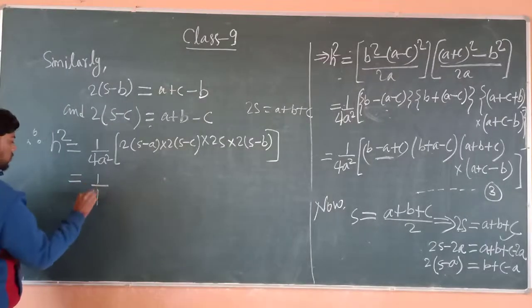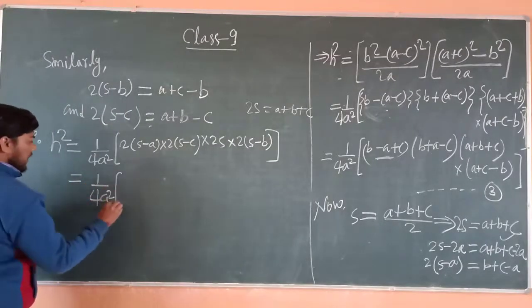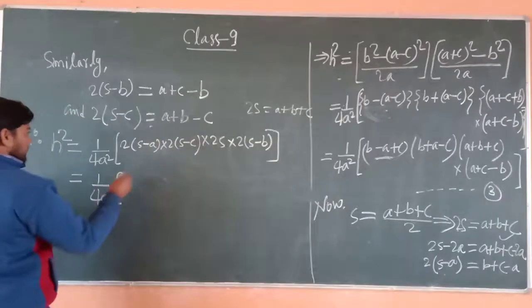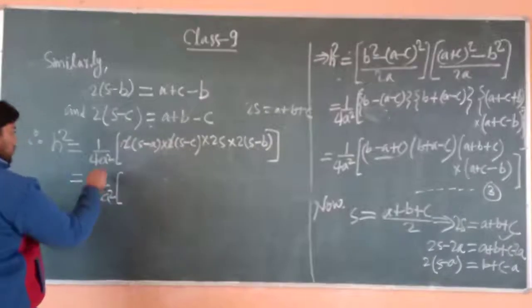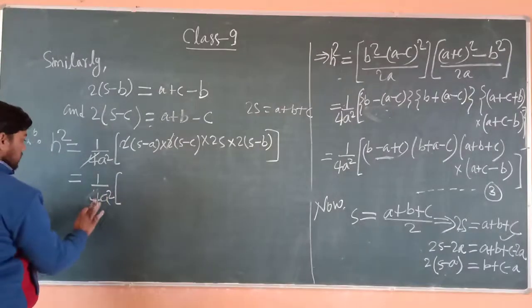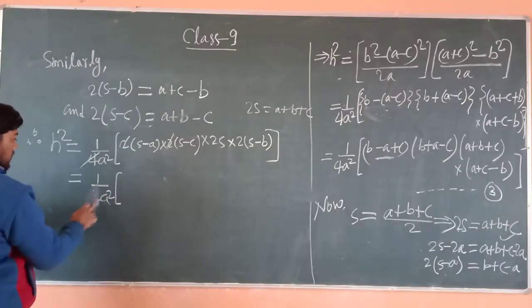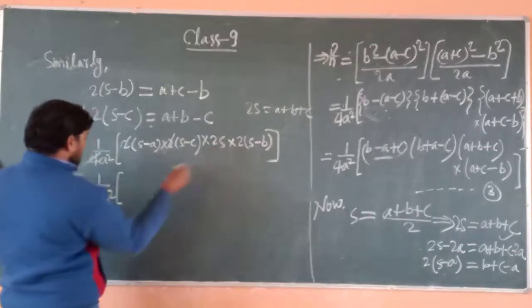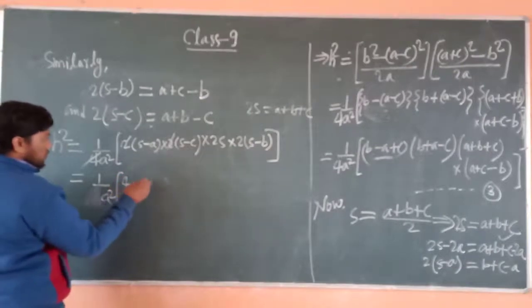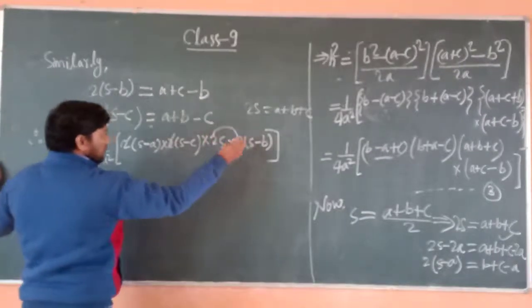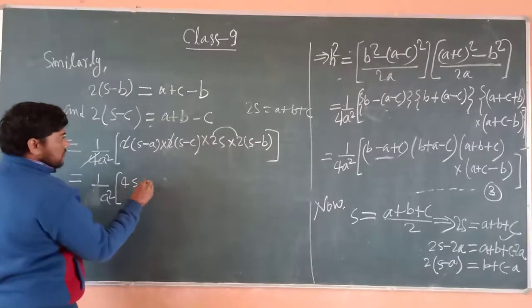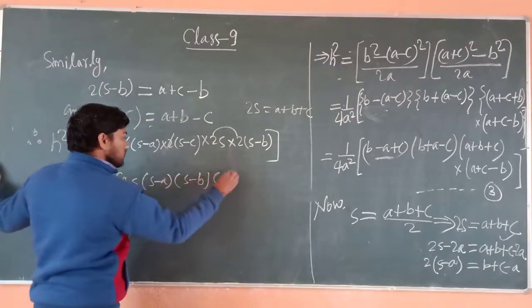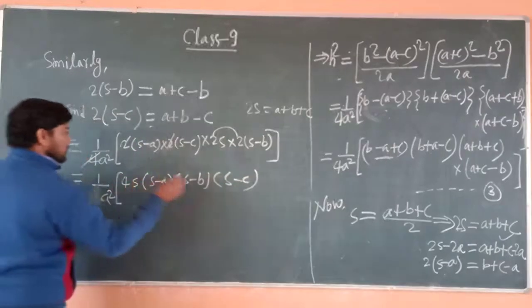The 2 to the 4 will be cancelled, so 1 upon a square only, and 2 to the 4, so 4s into (s minus a) into (s minus b) into (s minus c).